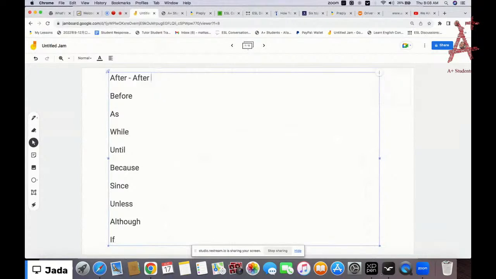And if you want to share yours, like I've said, just share yours also in the chat box. Then you can take a picture of all the sentences when I'm done.